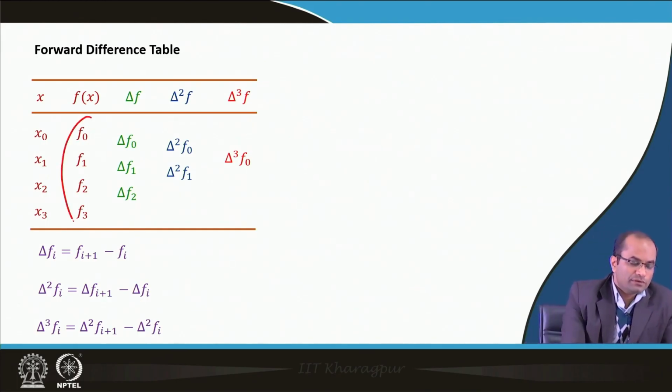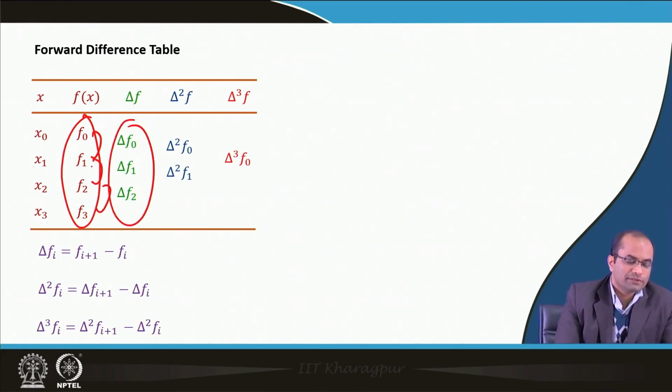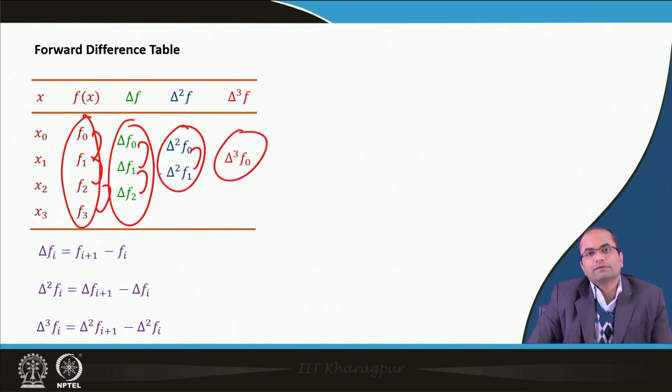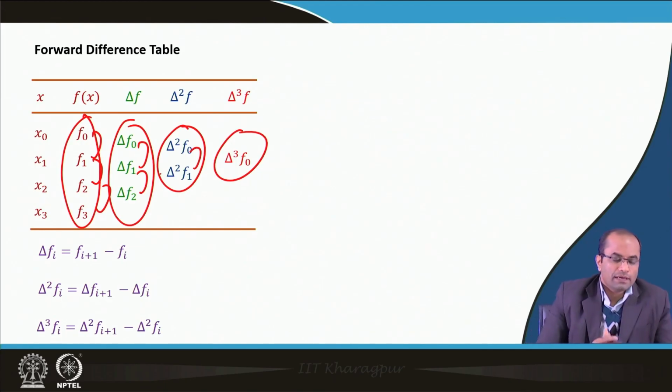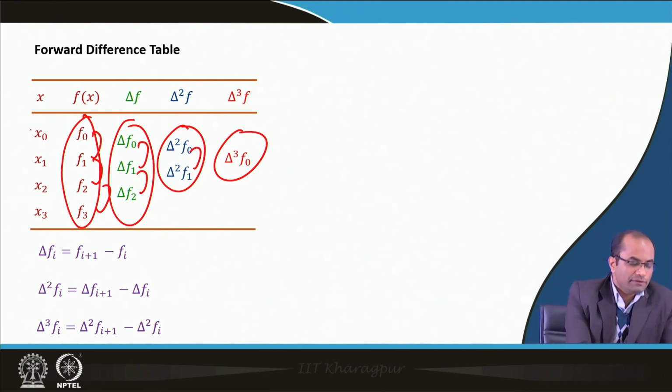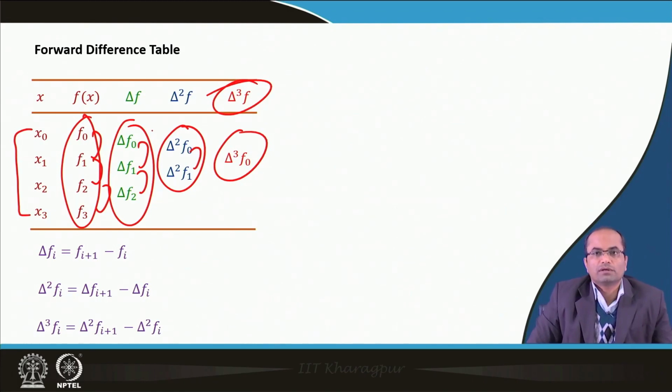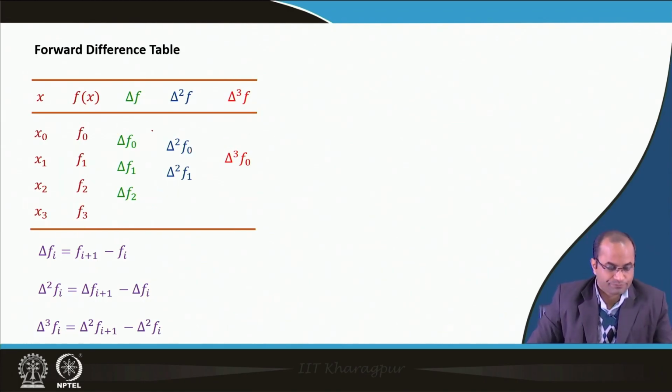Given the values of f, we go with the differences and get the first order differences. Again we go with the differences, we get the second order, and again the differences we will get the third order differences, and so on. If there are more data points, we can go with fourth order, fifth order, etc. Given these 4 data points, we are going up to the third order differences.